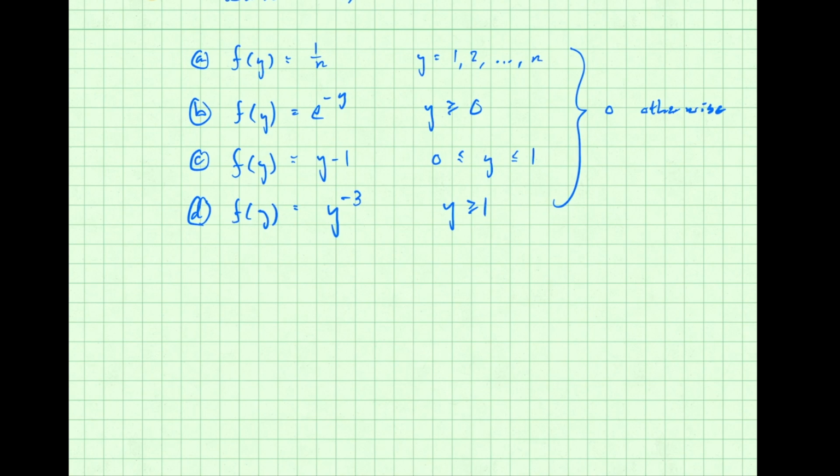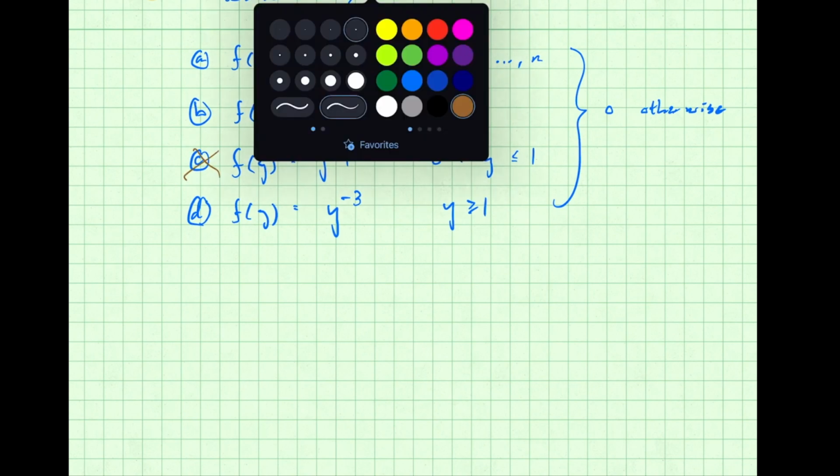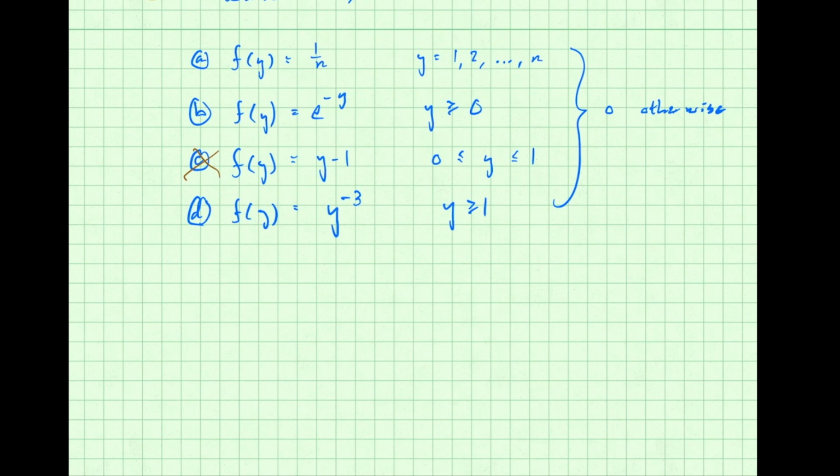And let's see, is it ever? Yeah. If you just put in y equals 0, you get this guy to be minus 1. So that guy's out, right? So positivity. He's not positive. We only accept positive people here. And then this last one, is this guy always positive? Y to the minus 3? Well, it wouldn't have to be, except that y is greater than or equal to 1. So, yeah, positivity ruled out one of these guys.